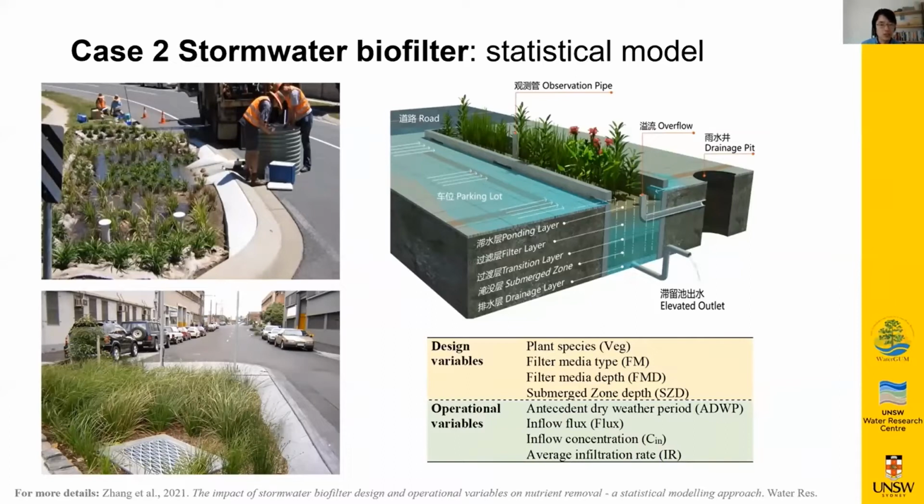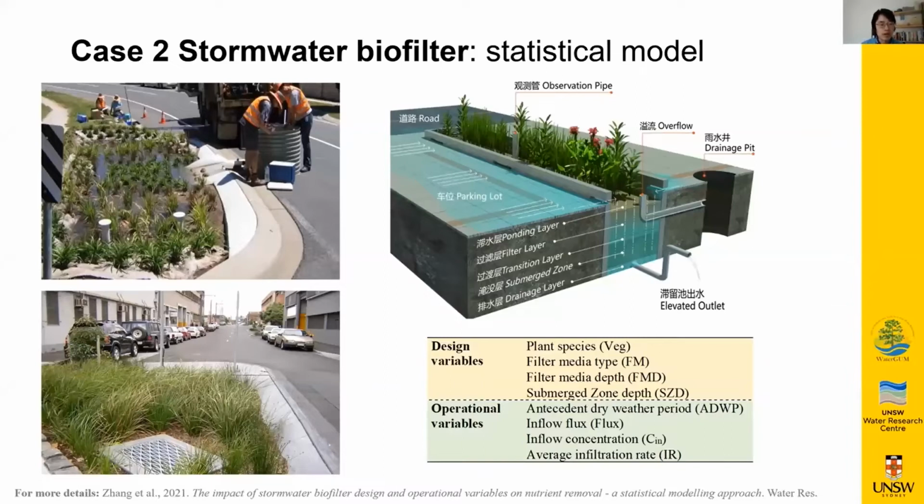There are physically based processes to mimic the water flow through the systems and to represent how pollution is removed or retained in the systems. However, these are very complicated, and you need a lot of good, high quality, high resolution data to prove that the model is working very well. In the meantime, these systems are highly impacted by different design and operational variables.